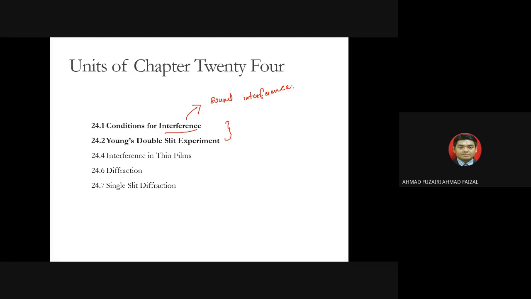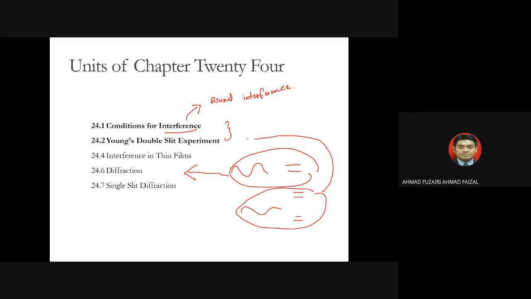Let's try to imagine what happens when a wave encounters one slit, and when a wave encounters two slits. One slit is considered diffraction, while two slits is based on the Young double slit. For the single slit, I will explain later.